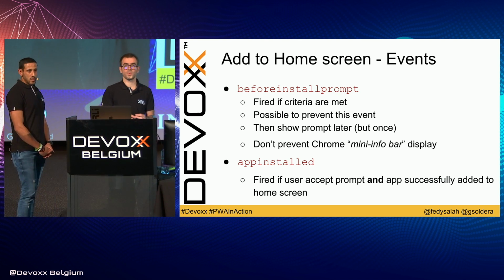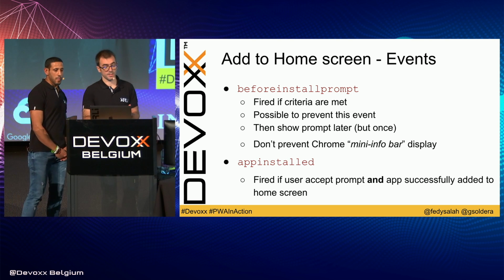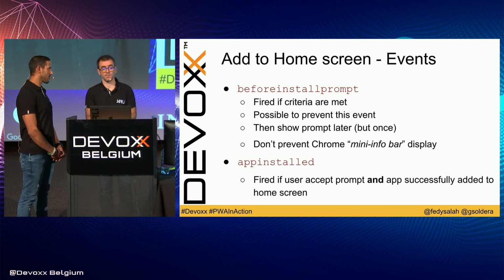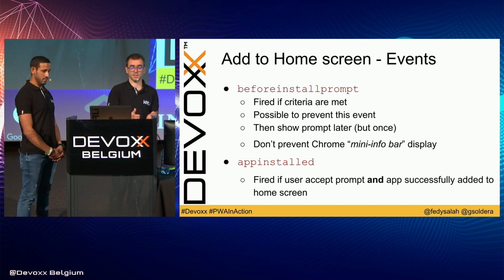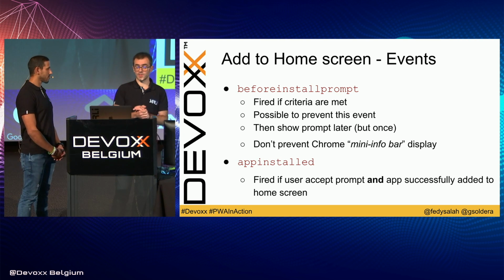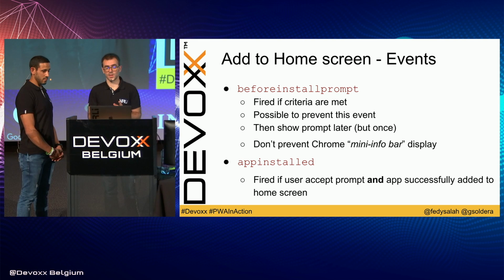This prompt comes with different events that you can listen to. There is beforeinstallprompt. This event is fired when the criteria are met. You can prevent this event to show the prompt later, but this prompt can be shown only once.